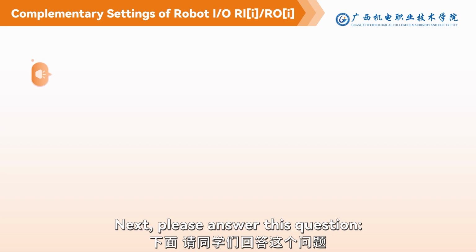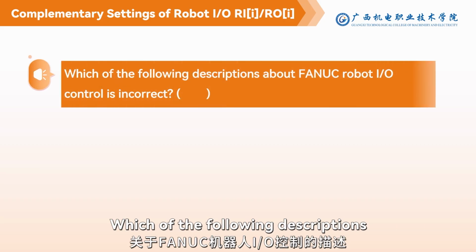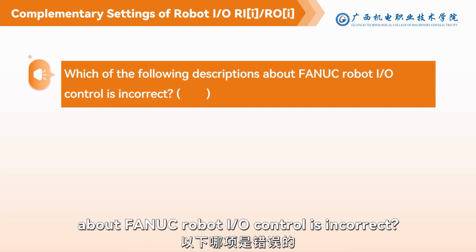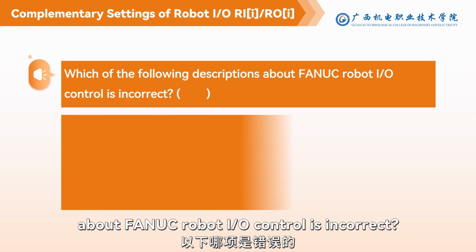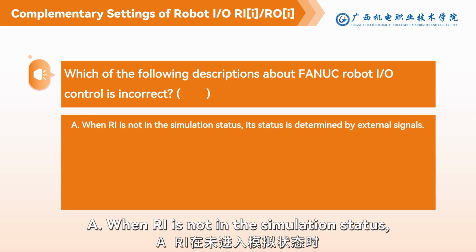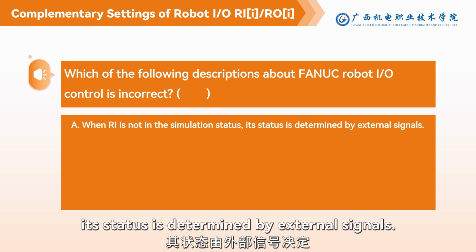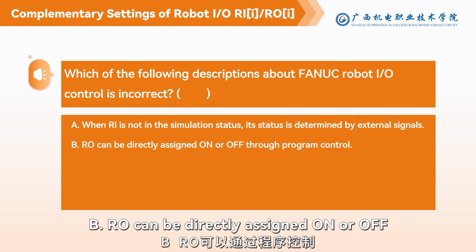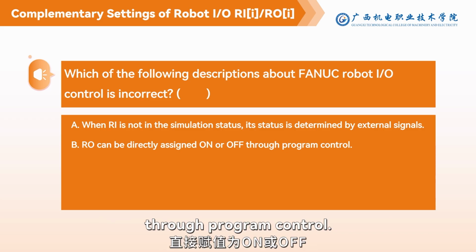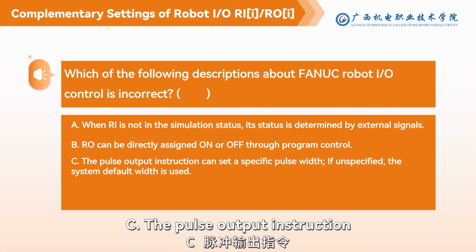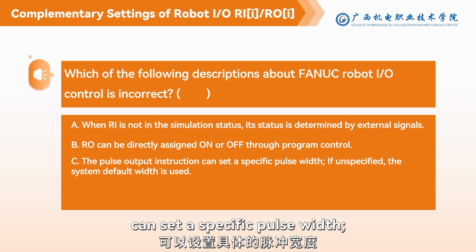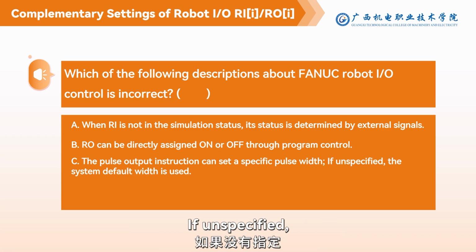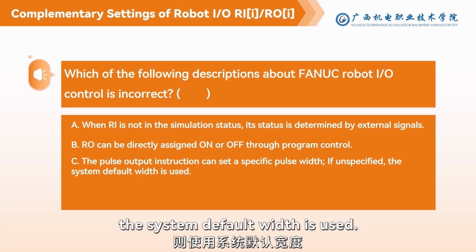Next, please answer this question. Which of the following descriptions about FANUC robot I/O control is incorrect? A. When RI is not in the simulation status, its status is determined by external signals. B. RO can be directly assigned on or off through program control. C. The pulse output instruction can specify a pulse width. If unspecified, the system default width is used.